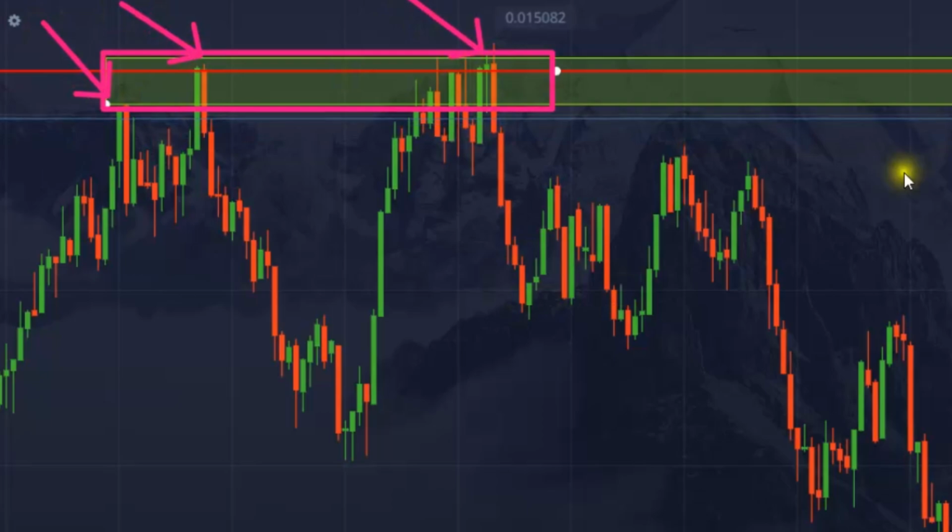So the next thing we look for is a good demand or supply area. So right here we can see a good supply area.